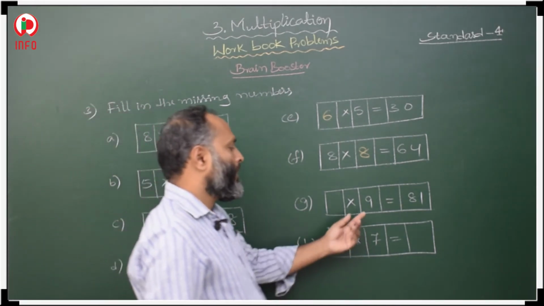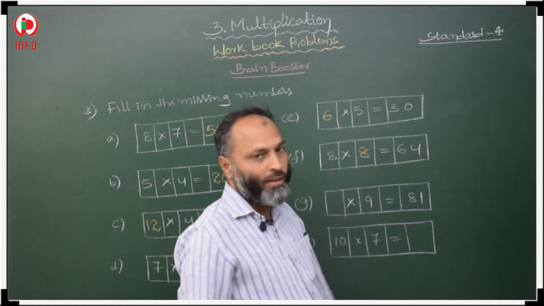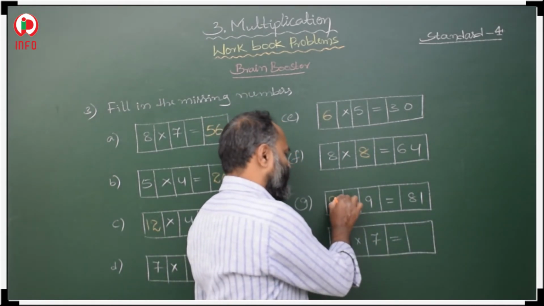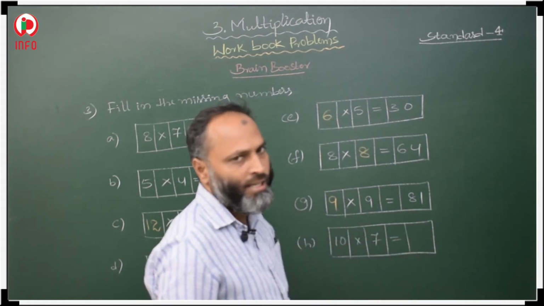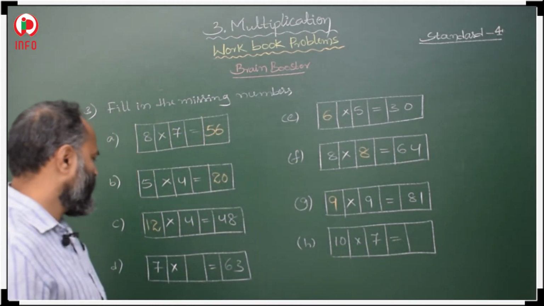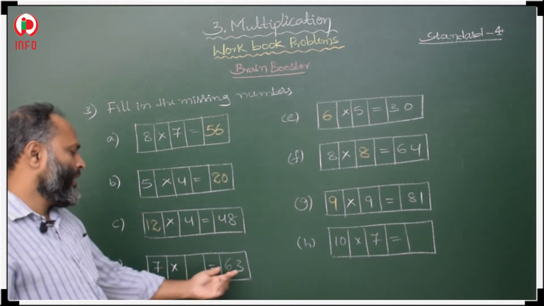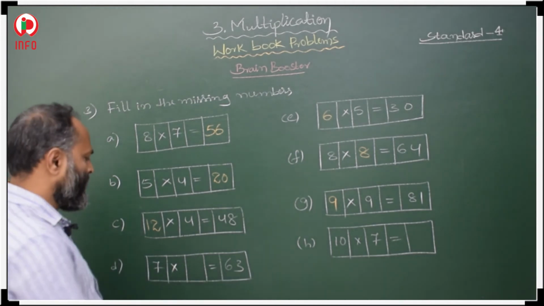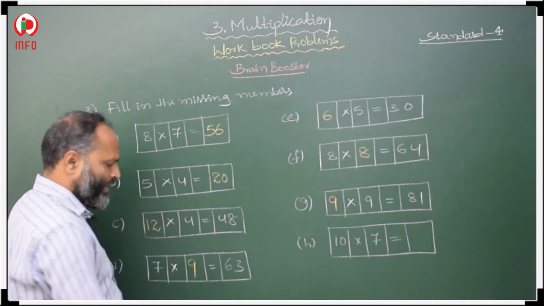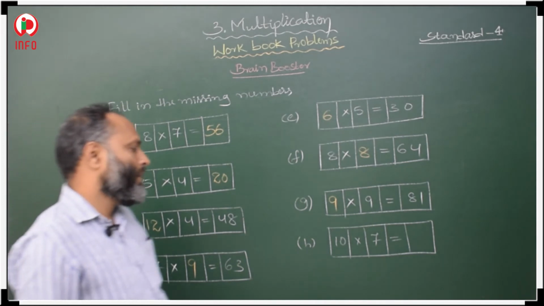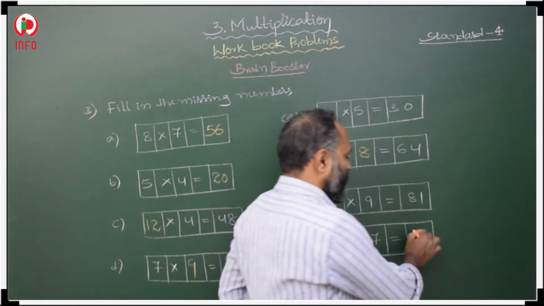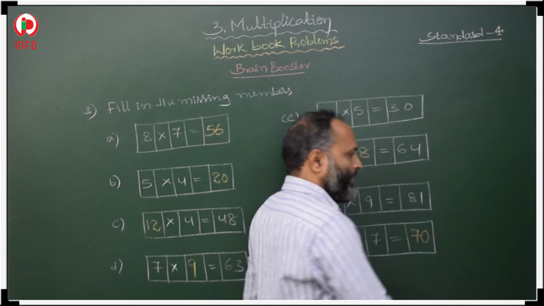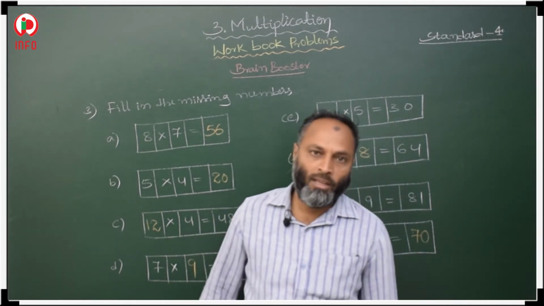Then in the 9 table, when will you get 81? 9 9s are 81. Next, in the 7 table, when will you get 63? 7 9s are 63. Then 10 sevens are 70. In this way we have to fill our boxes.